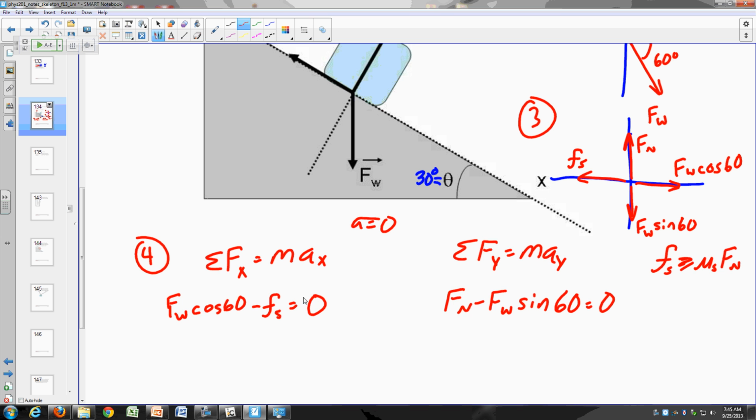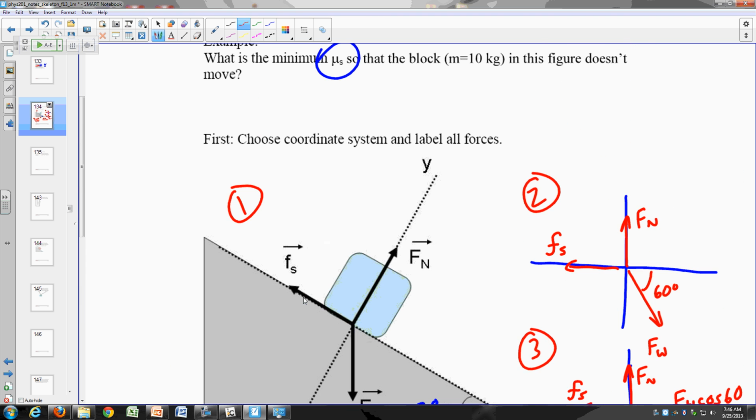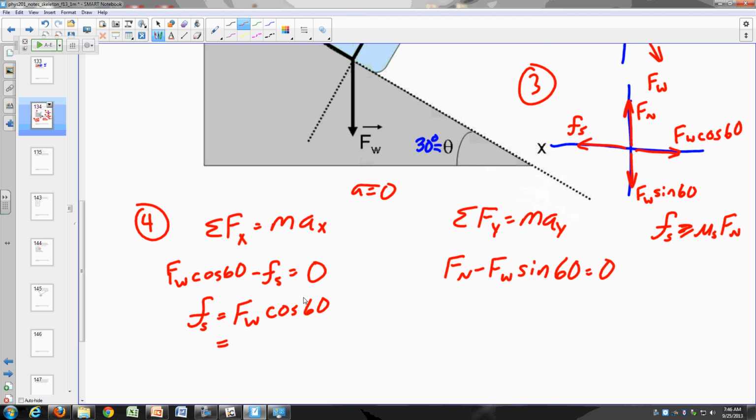So first I find Fs, which is Fw cosine of 60. So Fw is, what was it, 10 kilograms? Yeah, 10 kilograms. So that's going to be 10 times 10, I'll say 100 newtons, times 0.5, which is equal to 50 newtons.